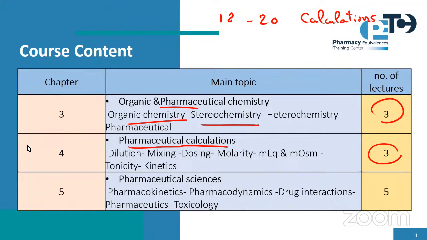Each calculation, if you solve it in more than 1 or 2 minutes, suppose that we have 20 questions, what is the time that you will spend on these calculations? 40 minutes to solve them. And the remaining 80 minutes, you need to solve the other 80 questions.